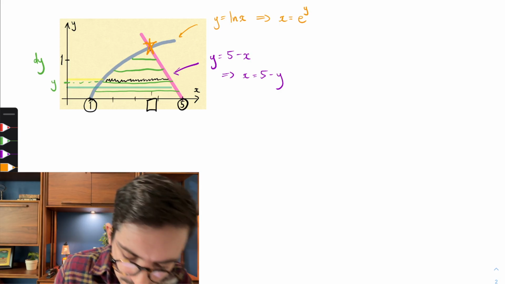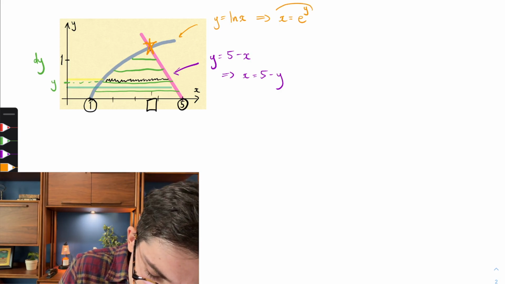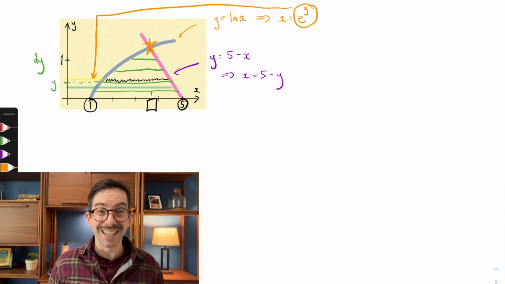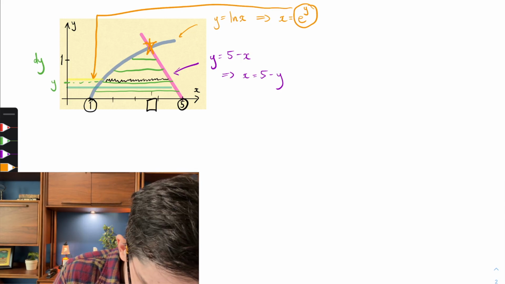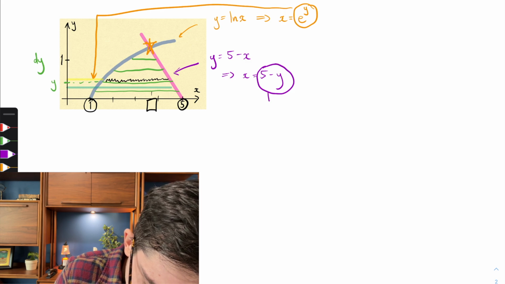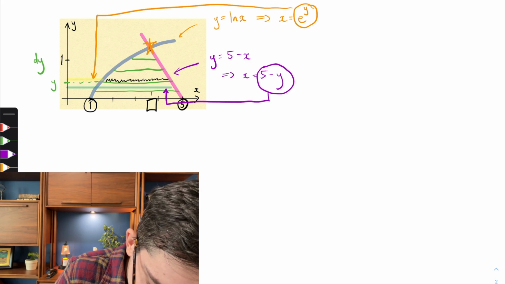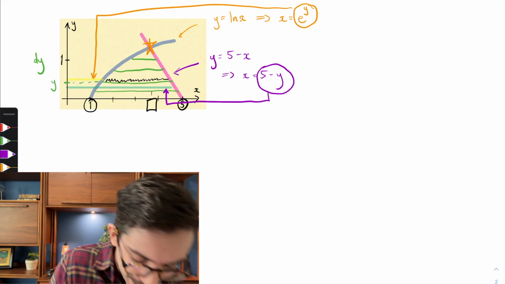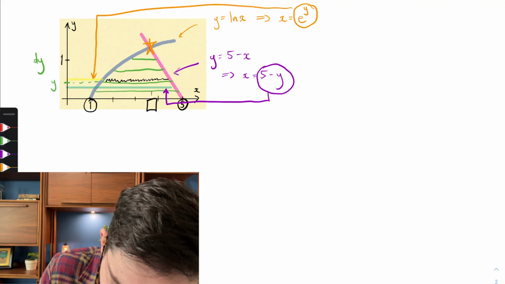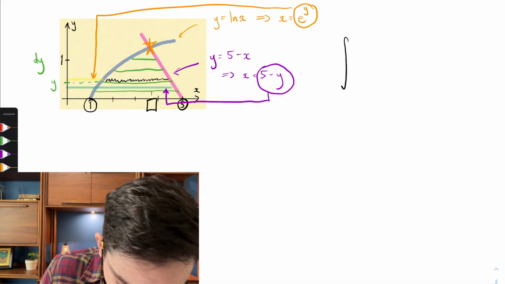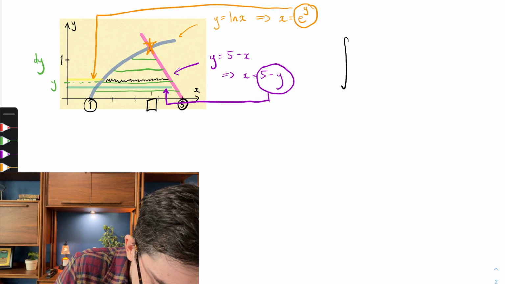So in particular, this e to the y is the length of that yellow segment, and this 5 minus y is the length of this long turquoise segment. So if I wanted to set this up as a different integral, I could write this as the integral from, well, where do my rectangles start?